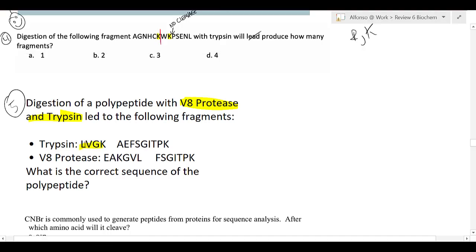LVGK. So after you found your smallest fragment, what do you do? Write it down. That's one thing you could do. But after you found the smallest fragment, what should you do? Find a bigger fragment that has that small fragment in it. So here's a big fragment, and if you see here, you have LVGK.